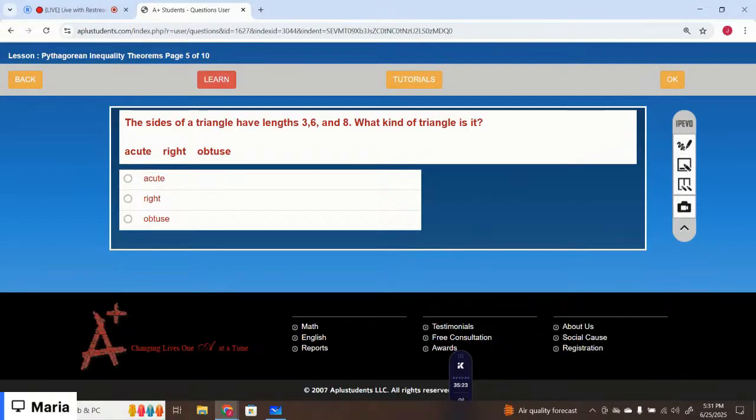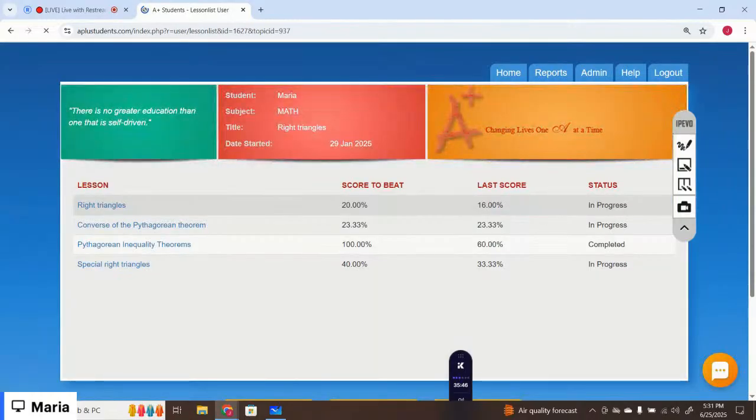Eight squared is 64. So 36 plus 9 is 45. 64 is greater than 45, so that is an obtuse triangle. Okay, you can complete the lesson by yourself.